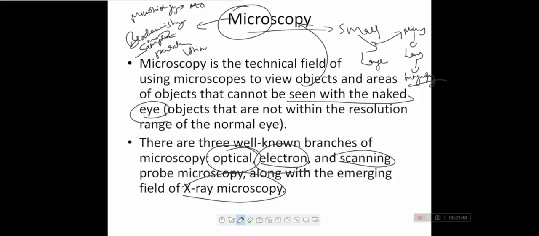In urine we want to see the crystals and microbes; that is how we see these things with the help of the microscope. So there are huge applications of the microscope.